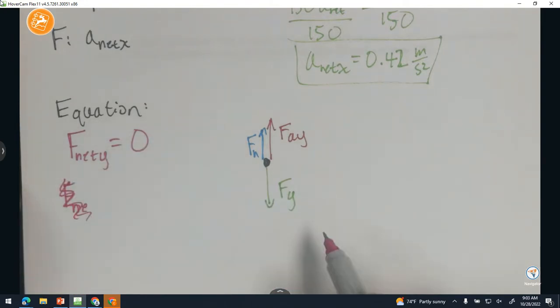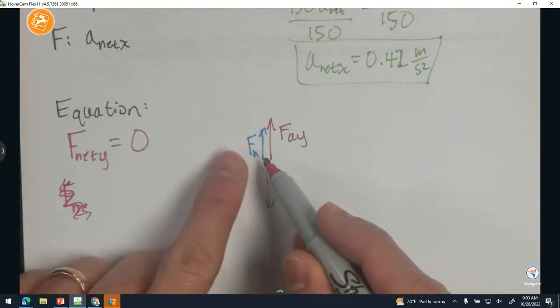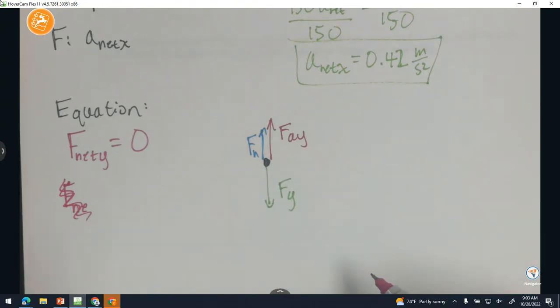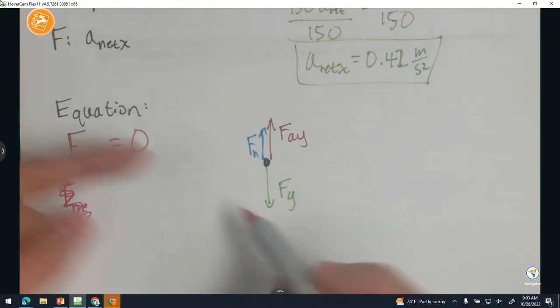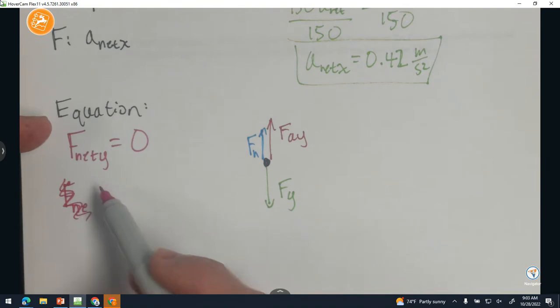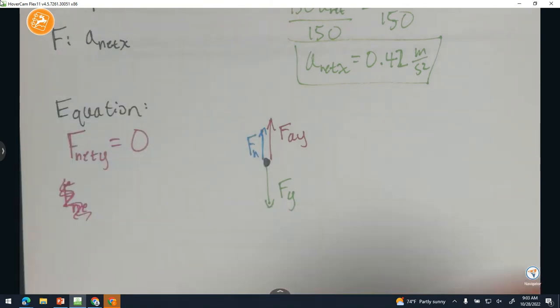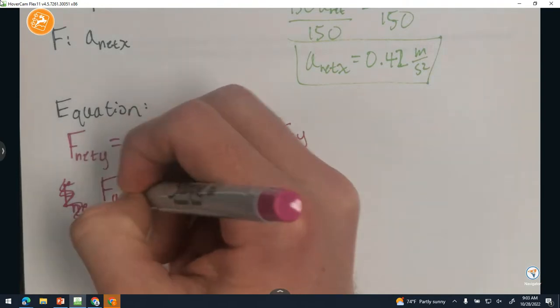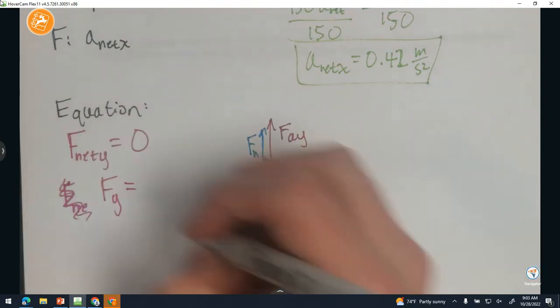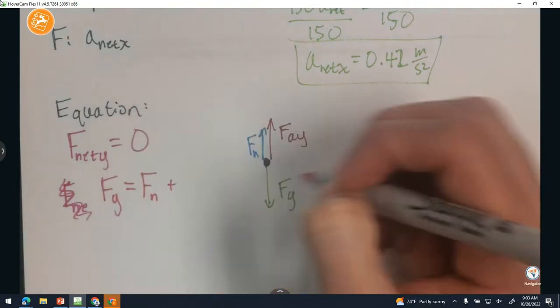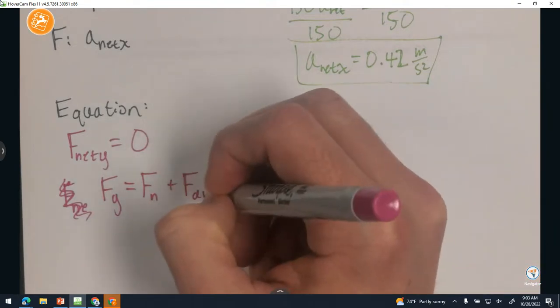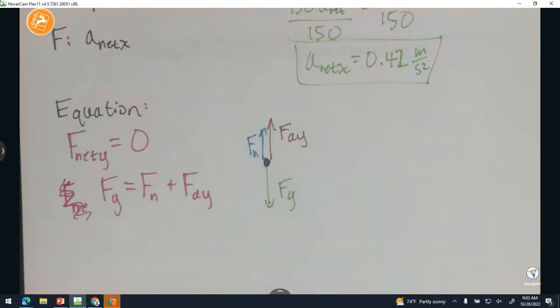So you can do this 2 ways. You can say that Fg has to equal Fn plus Fay. Does that make sense? If F net in the y is 0, then both sides have to equal each other. So Fg equals Fn plus Fay.